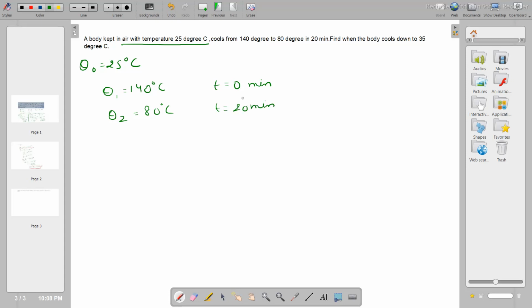Now find when the body cools down to 25 degrees Celsius. So theta 3 is given, and we have to find t3.